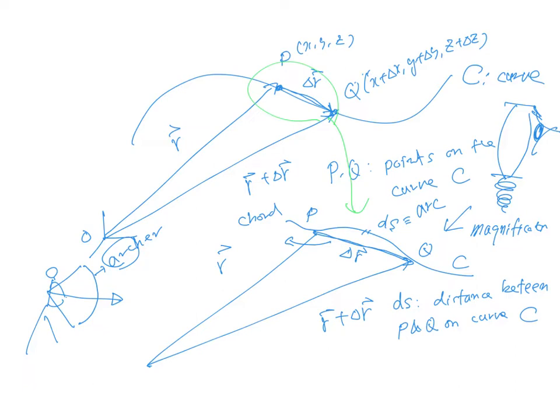Chord is like a necklace. The chord is a direct line, and the arc is like a curved line.